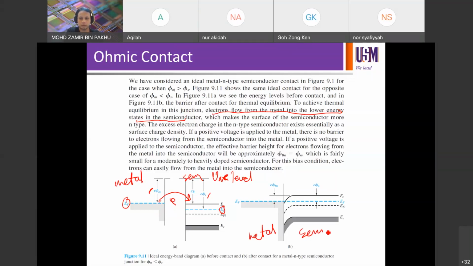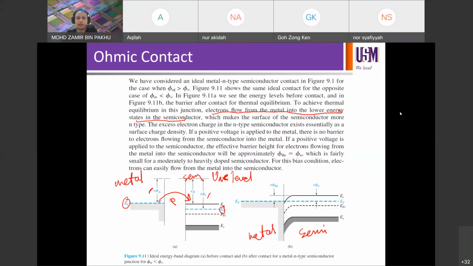So now you've got the thermal equilibrium already, and now we're trying to do biasing. Remember, you have to do the biasing once TE is established. Thermal equilibrium has to be established first, and only then do you apply the biasing, either forward bias or reverse bias, for example.